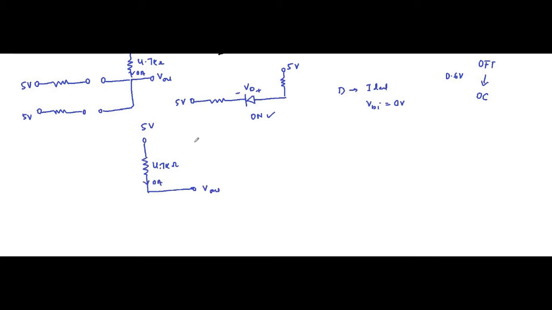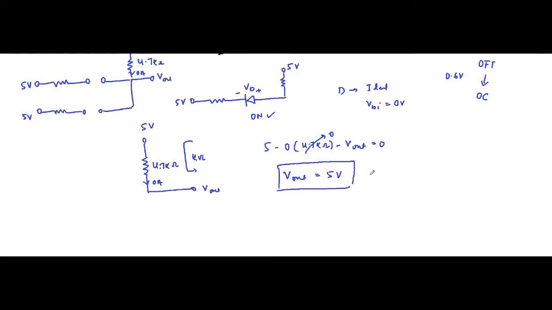If we apply KVL in this way, it will be 5 minus 0 ampere into 4.7 kilo ohm minus V out is equal to 0. This is 0, so V out is equal to 5 volt. So for the first case, the output voltage is 5 volt.